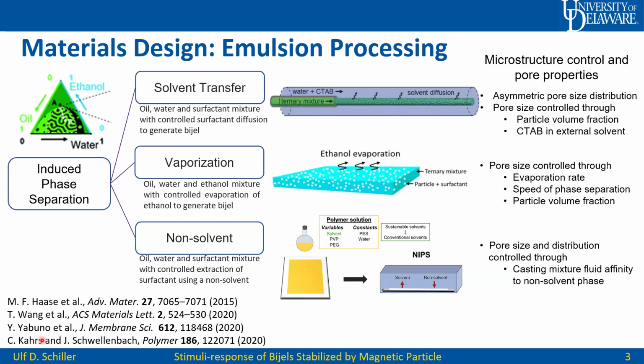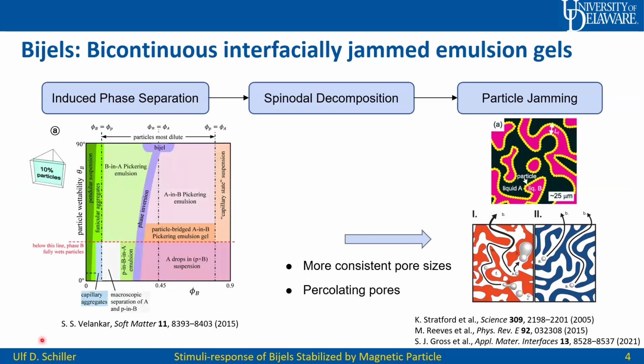This is a very common technique, and it gives rise to interesting opportunities, I think, to use liquids in material science. Bigels, as we have seen, are a particular structure. They are similar to Pickering emulsions, where you have particle-decorated droplets, but here the structure forms during spinodal decomposition of the two mixtures.